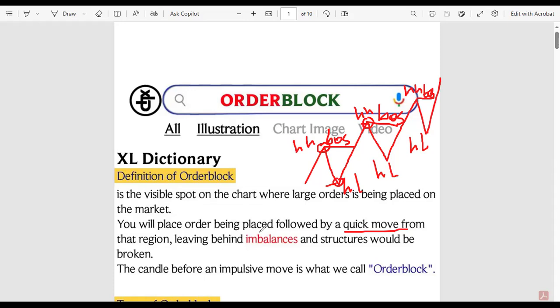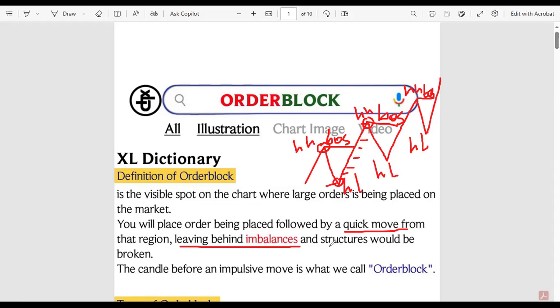Also, that leg must leave behind imbalances. In this leg, you need to check for an imbalance, especially if it is on the discount level. That's going to be a very good imbalance, and it makes this leg a very strong leg that can be used as the area where we look for our order block.